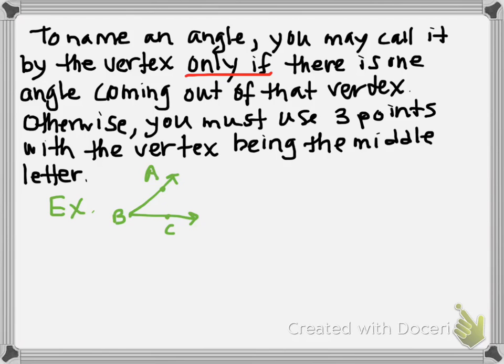When it becomes a polygon like a triangle, we use the triangle symbol, but once it becomes 4 or more sides, we just name the letters that make up the vertices, and by virtue of counting, we know what the name of that shape is. So this would be called angle ABC, or you could go the other direction, angle CBA, but note the location of B is in the center. And in this particular case, because there's only one angle coming out of B, you could call it angle B.